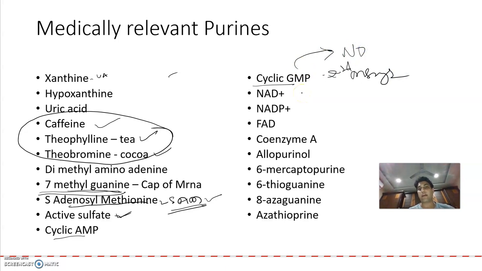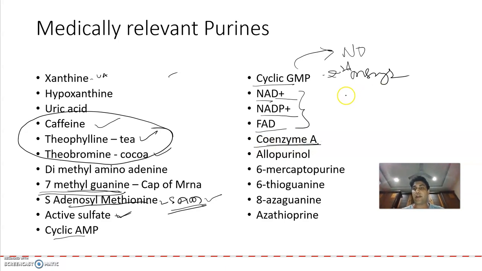Then we have our vitamins like NAD, nicotinamide adenine dinucleotide, and nicotinamide adenine dinucleotide phosphate. Then we have flavin adenine dinucleotide, with niacin and riboflavin both coming here. Then another coenzyme, coenzyme A. So the coenzymes are vitamins.